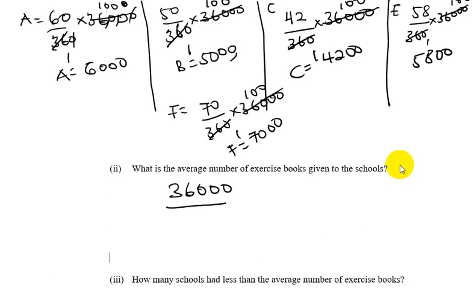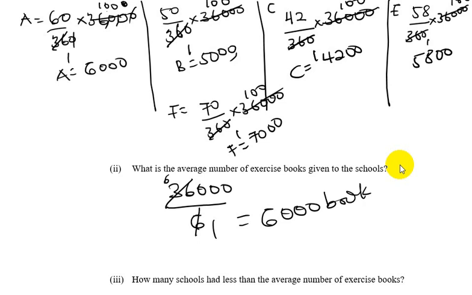We have A, B, C, D, E, and F. So 6 schools. So divided by 6, right? So 6 goes here 1. It goes into 36 6 times. So the average for every school should have been 6,000.